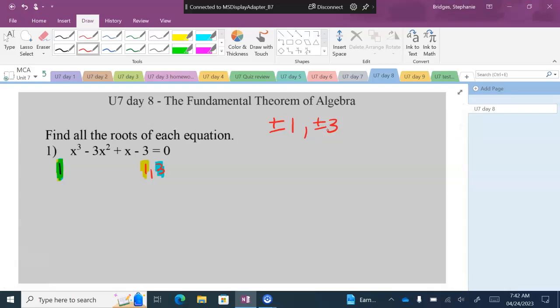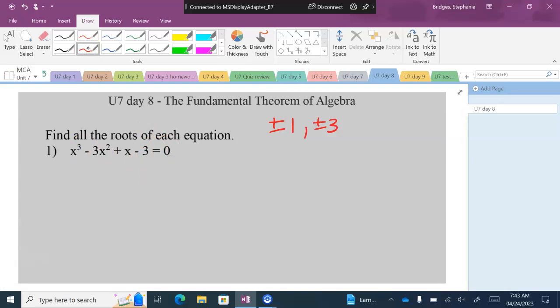That doesn't mean that any of them are actually a solution, and that doesn't mean that all of them are solutions, but at least those are our possible rational solutions. So if you look at your leading term, the coefficient in front of it, the 1, the factors of 1 are just 1 and 1, which you only need once. Does that make sense? And the 3 is the factor of my constant term. Basically the first term and the last term, as long as it's in standard order.